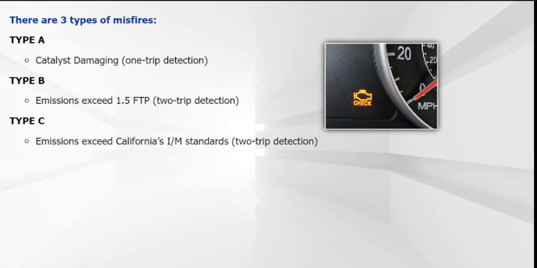If the misfire occurs on the next consecutive trip, the PCM will illuminate the MIL and store a hard DTC. Type B and C misfires will also result in an illuminated MIL and hard DTC if they occur on 2 non-consecutive trips within an 80-day trip window under similar operating conditions.